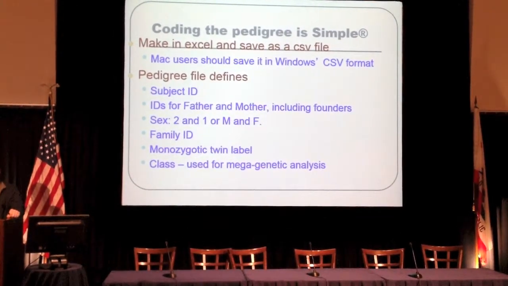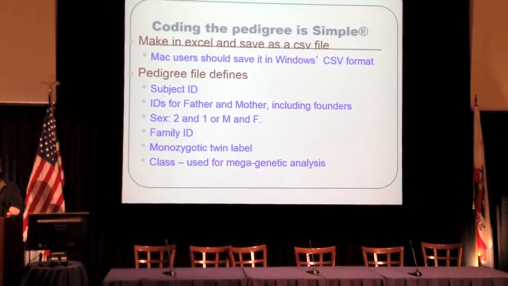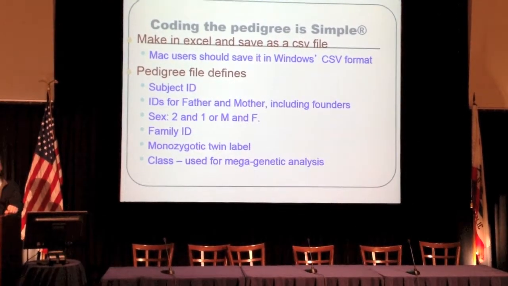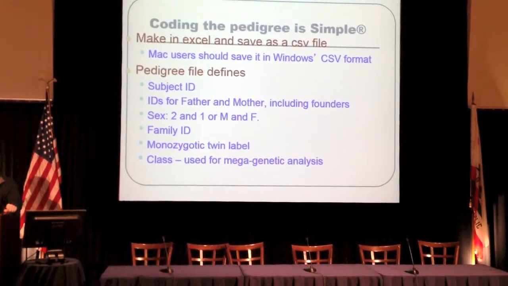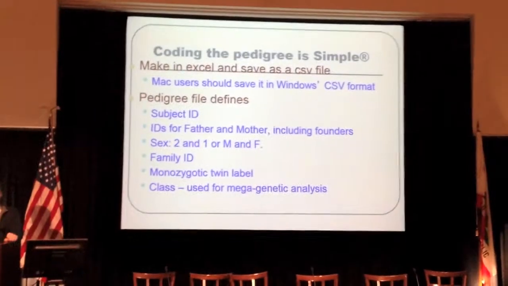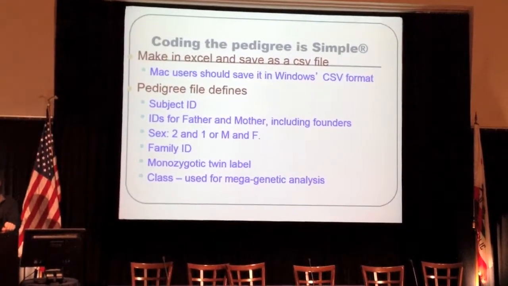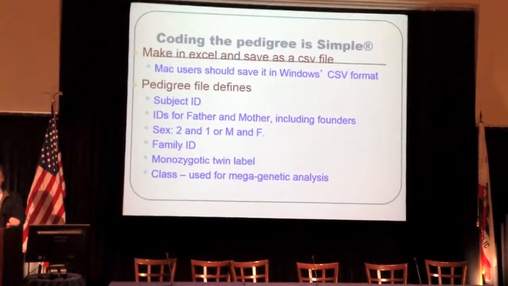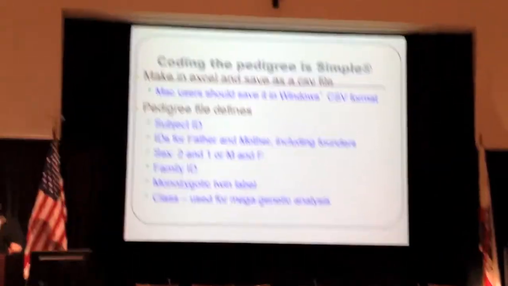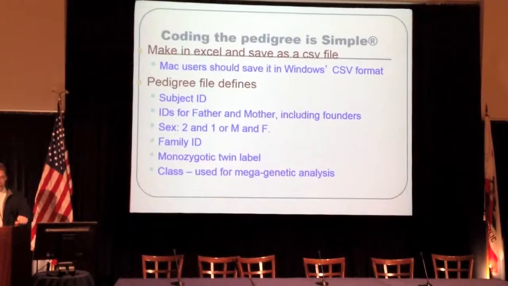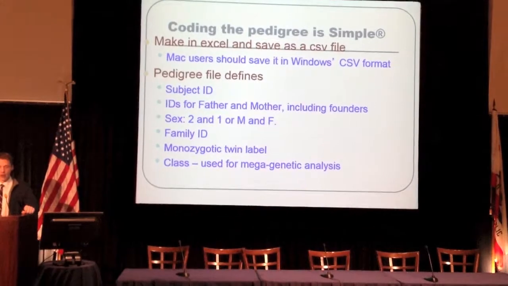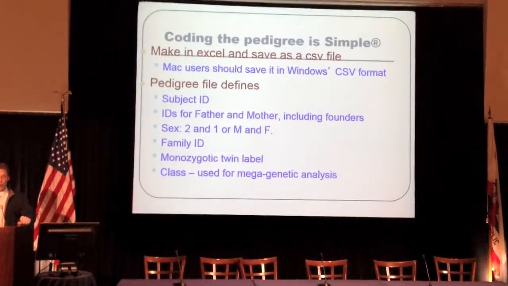And 99% of the questions I get asked from the users are typically due to one simple problem. When Mac users save the pedigree file from Excel, they should save it in the Windows CSV format, because Mac Excel for some reason uses some really weird end-of-line characters which are not interpreted correctly by Linux.